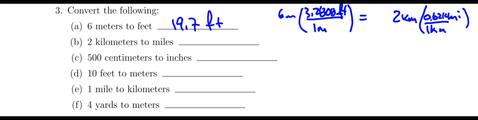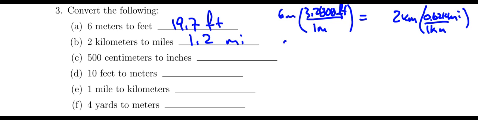Remember that although numerically I am not multiplying by 1, I am multiplying by 1 conceptually. 0.6214 miles divided by 1 kilometer, those are the same thing. When I multiply those together, I get that 2 kilometers is 1.2 miles.